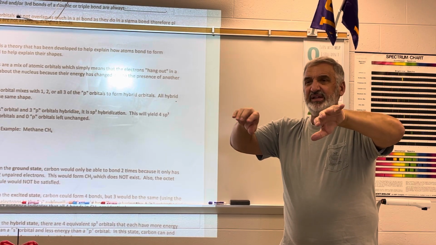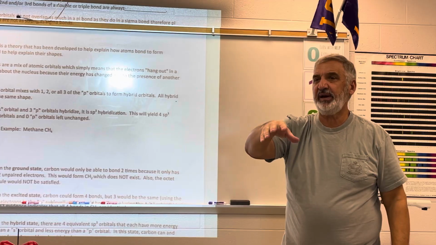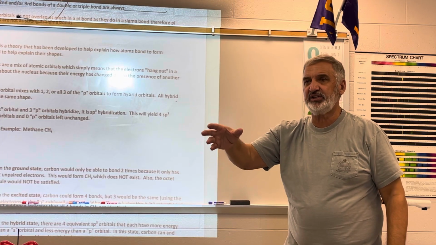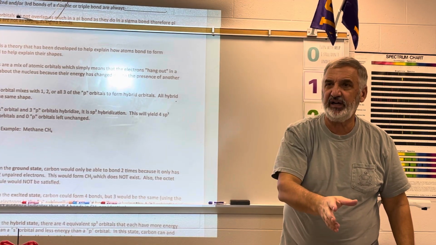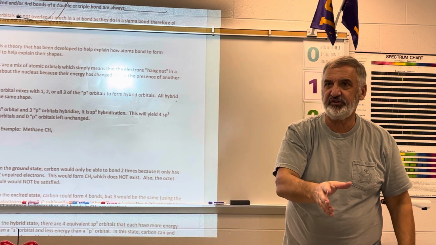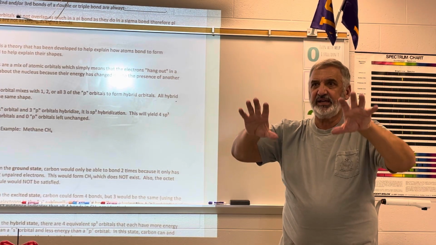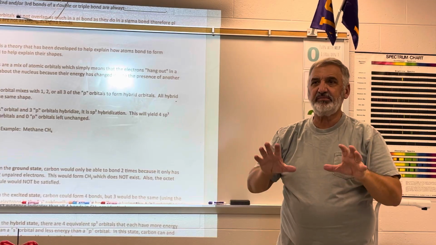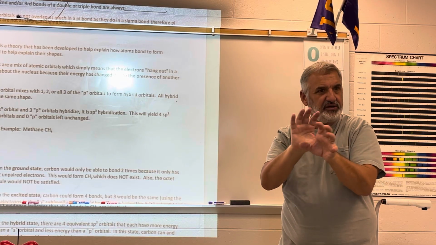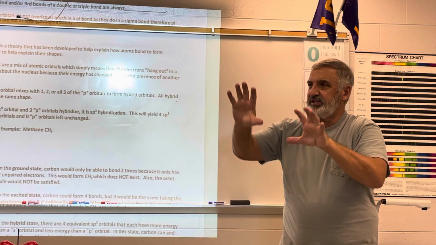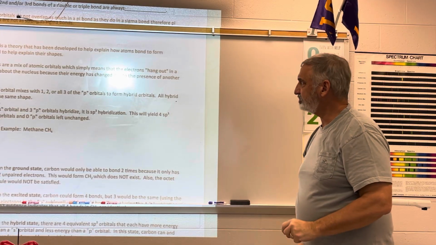Okay? So there's a whole 2 or 3 pages of hybridization, then another couple of pages of valence shell electron pair repulsion theory. I'm going to be talking about those simultaneously. They kind of go hand in hand. I just can't put them simultaneous in the notes. But it's all there. We're just going to talk about them at the same time.